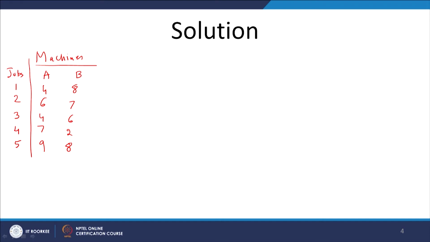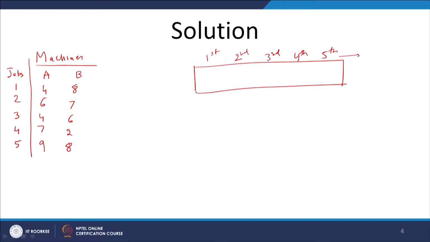Now, as you know, we have to fill in the 5 positions of the jobs. So, how are they to be filled in? First position, second position, third position, fourth and fifth position. These are the positions that we have to fit into our schedule.